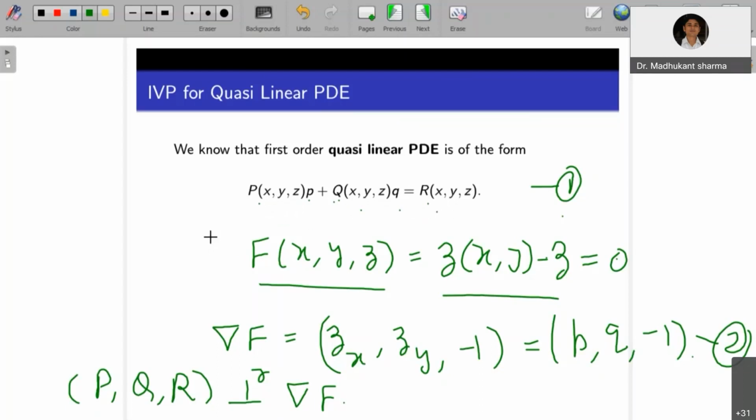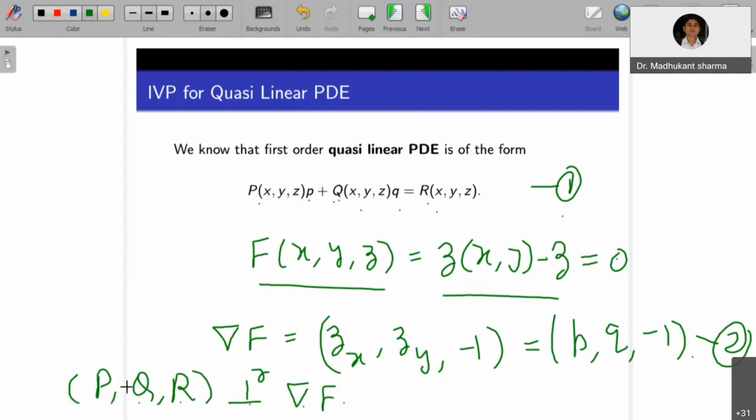Now, at any point, PQR is going to be orthogonal to the normal to the surface. So what it suggests further is that this vector direction is going to lie in the tangent plane, because the normal is going to be perpendicular to the tangent.